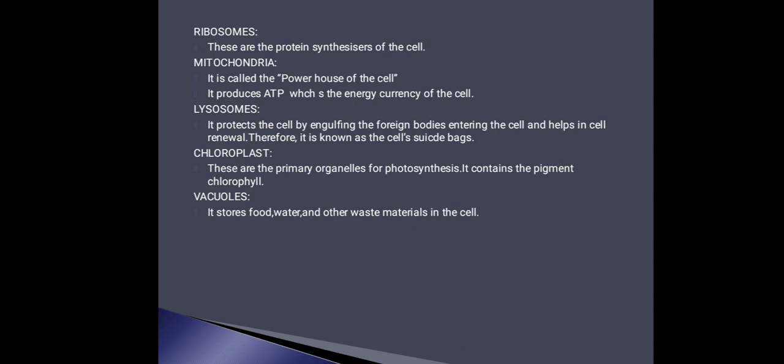Mitochondria is called the powerhouse of the cell because it produces ATP, which is the energy currency of the cell. Lysosomes protect the cell from foreign particles, help in protecting the cell organelles from foreign bodies, and help in cell renewal.